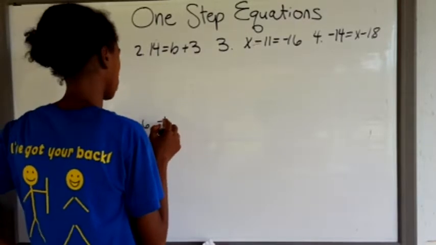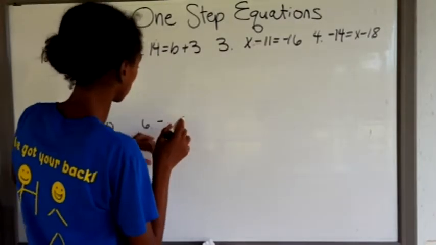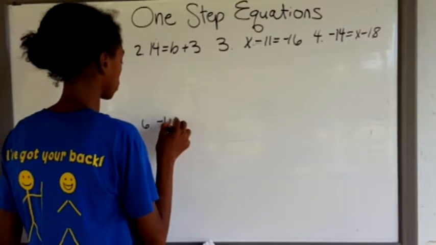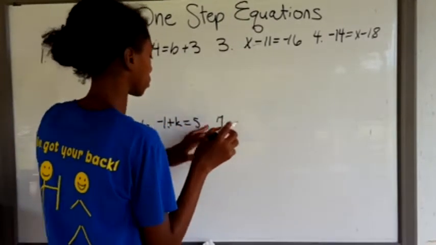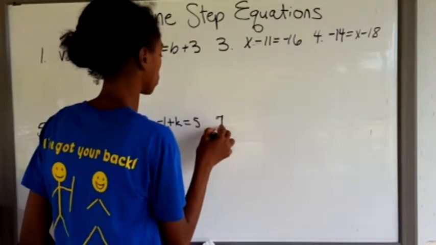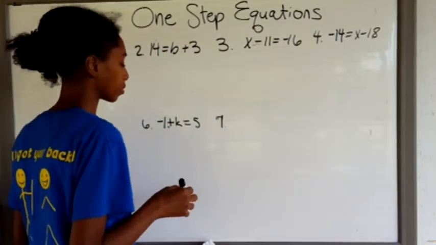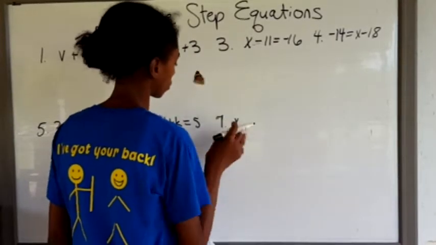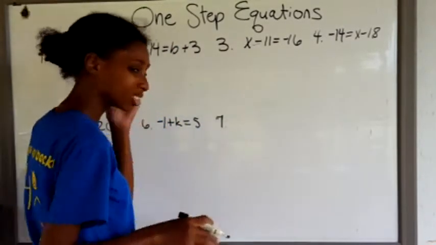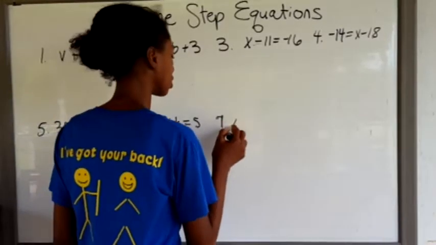Negative 1 plus k equals 5. Negative 7 plus x equals what? x minus 7 equals negative 26.